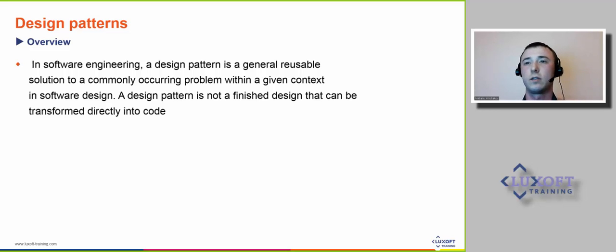Design patterns. In software engineering, a design pattern is a general reusable solution to a commonly occurring problem. So, for example, when we have any problem, it can be already solved by some pattern. But I want to say that a design pattern is not a finished solution, so it cannot be transformed directly into the code.